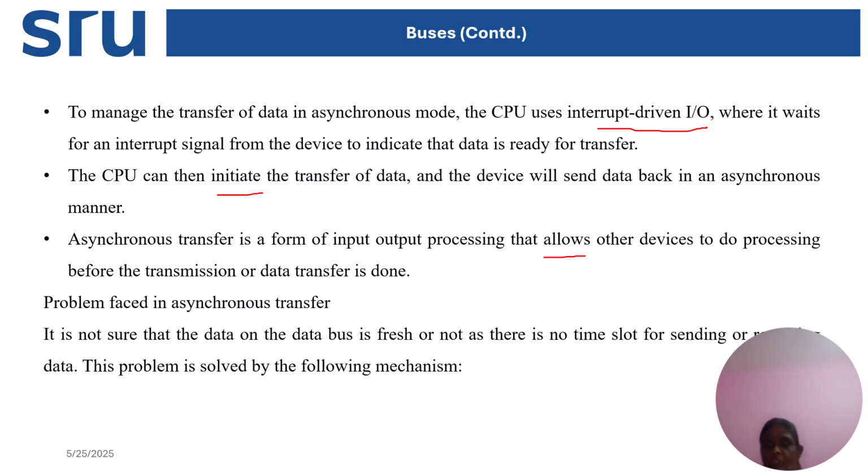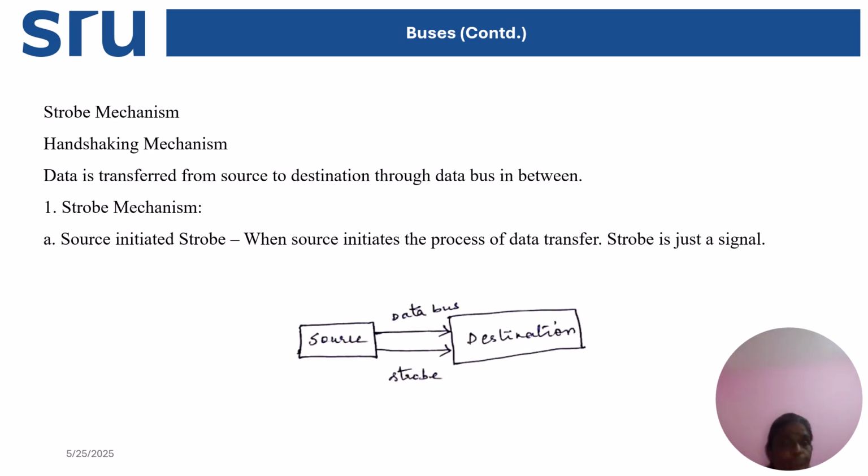For that, we have two mechanisms to identify the data which is correct. First, the strobe mechanism; a strobe is nothing but a signal. Second, the handshaking mechanism. Data is transferred from source to destination through the data bus in between. So, in between two devices, buses are available.